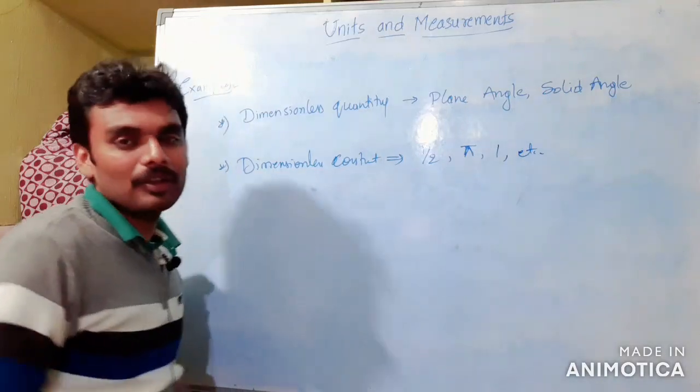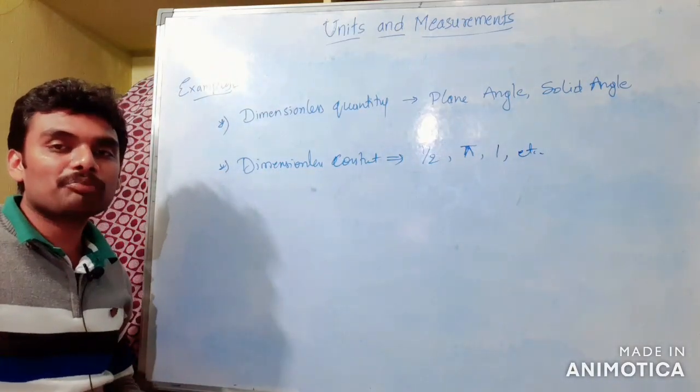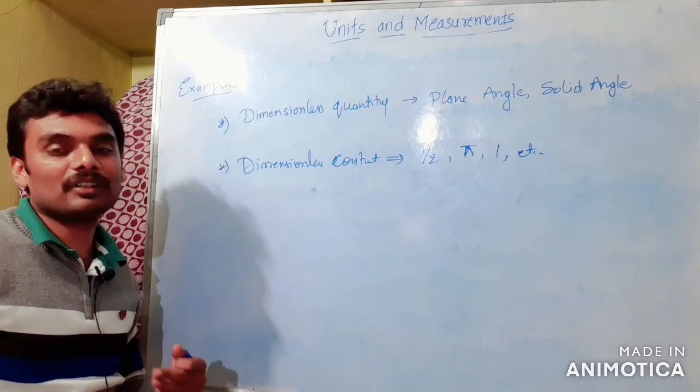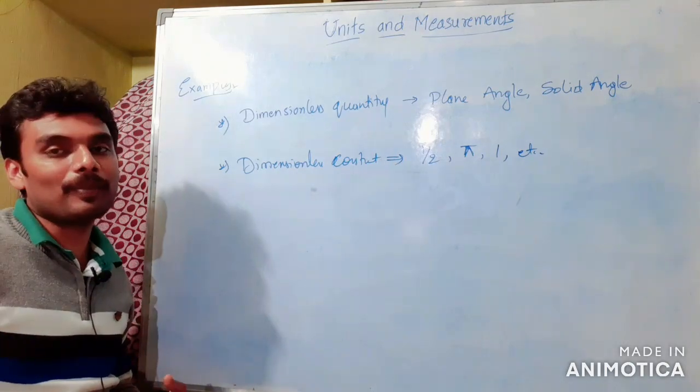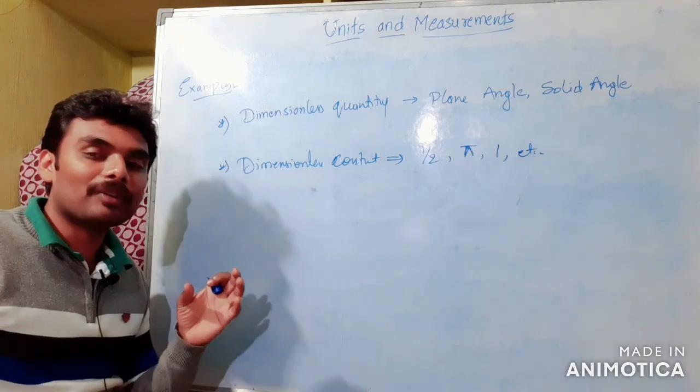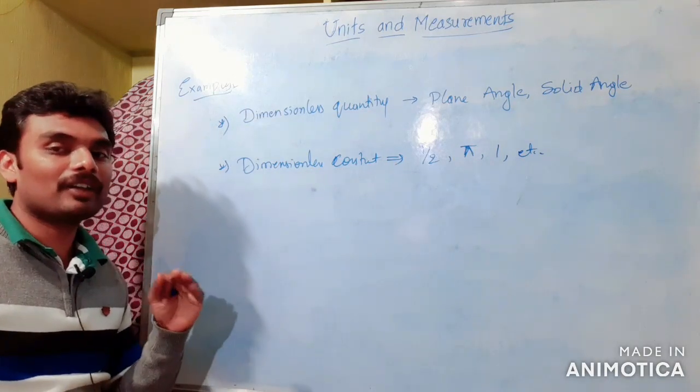You have the formula, area A = pi r squared, where pi is dimensionless, r is a quantity with dimension. r is a quantity, pi is a constant, and it does not have any dimension.